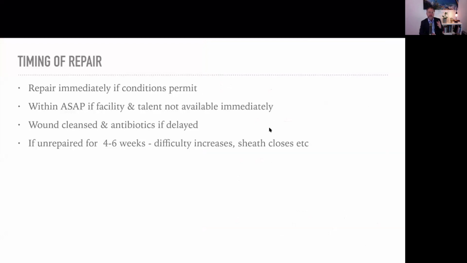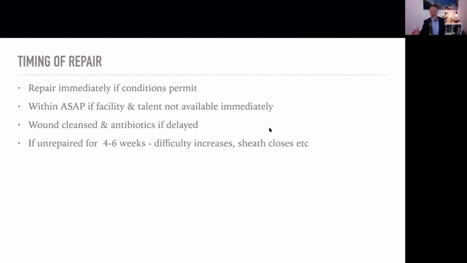That gives us the best quality and strongest repair and the most amount of information moving into our rehabilitation. So repair it immediately, but if a suitably qualified person is not there, repair it as soon as they're available, is what we're saying. Of course, that goes in conjunction with wound cleaning, debridement, and antibiotics, etc.